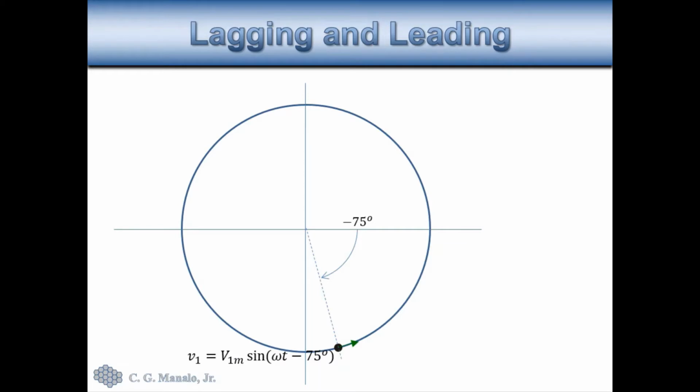So it's negative 75. So we plot that sinusoid here as a small circle, and we assume that the small circle is revolving around that circle at the rate of omega radians per second.